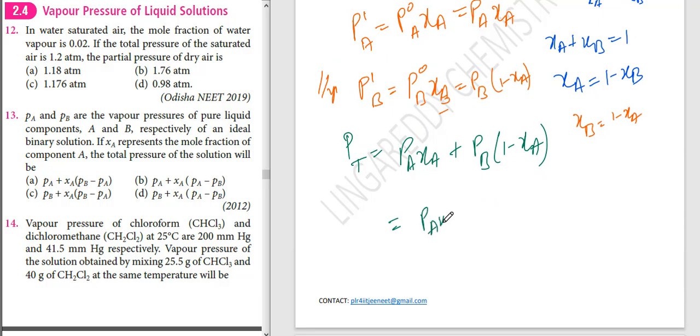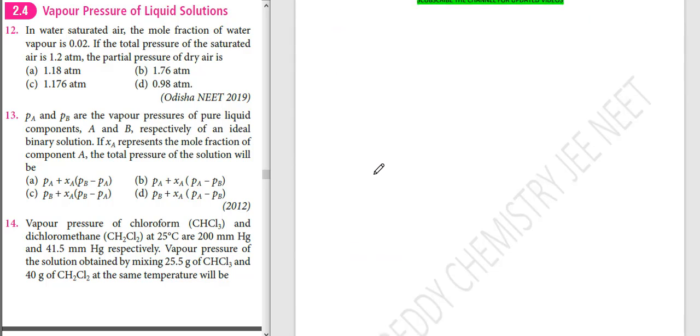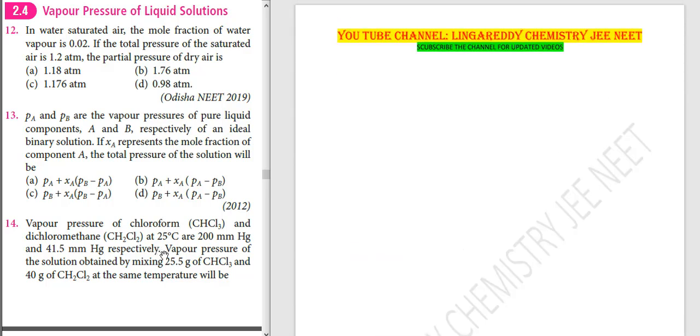Then PAXA plus PB minus PBXA. If I take the common XA, then PA minus PB. Okay, you can see the option PB plus XA into PA minus PB. So option D is the correct. Option D is the correct. Just direct derivation it is. In the NCERT book direct question it is.